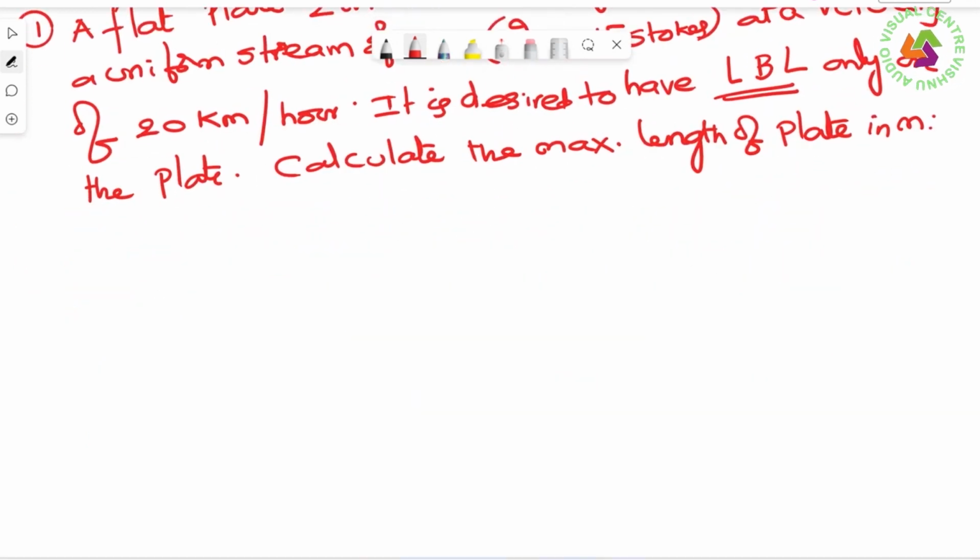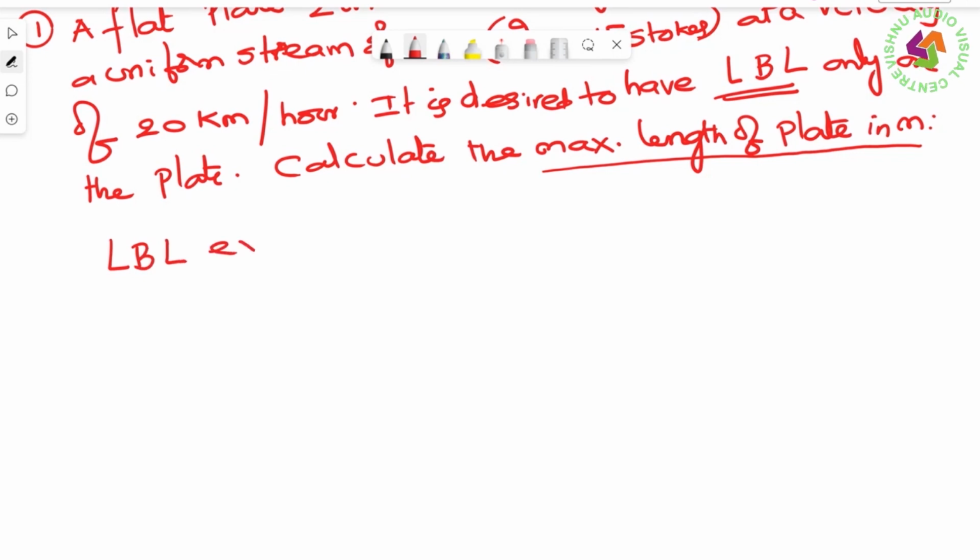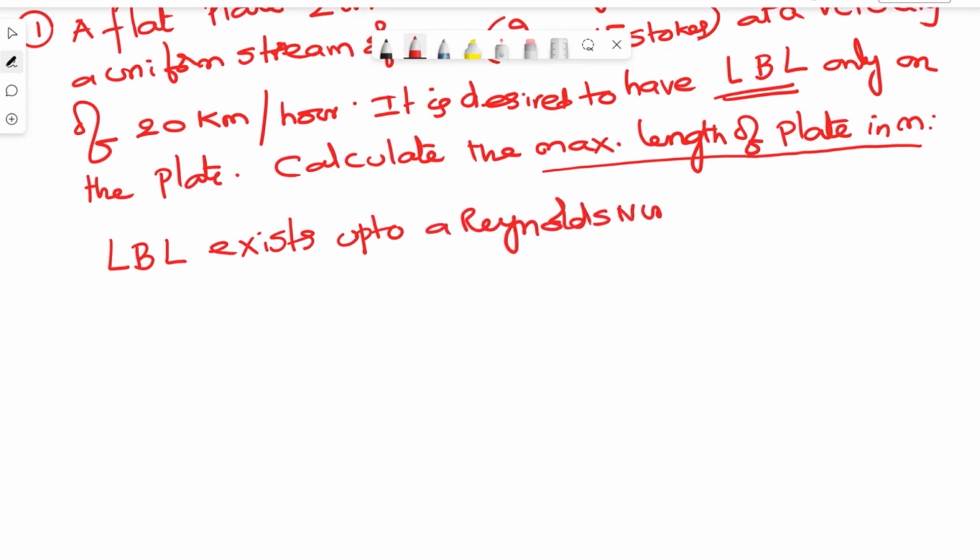Right? So what is our thing? Only laminar boundary layer. If only laminar boundary layer is formed, then how to calculate? First, if you want to calculate the maximum length of the plate, we know laminar boundary layer exists up to a Reynolds number of 5 into 10 to the power of 5.